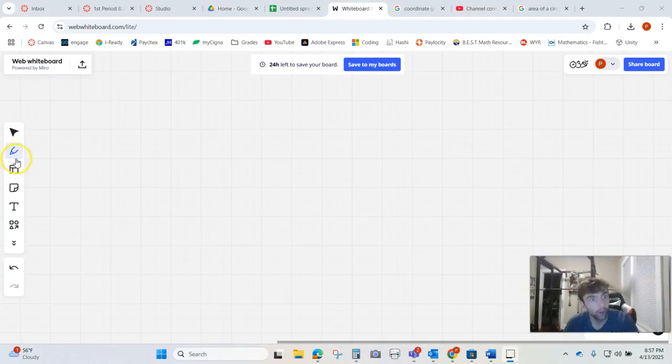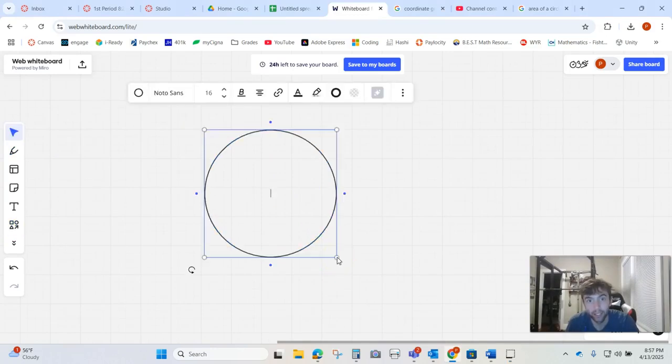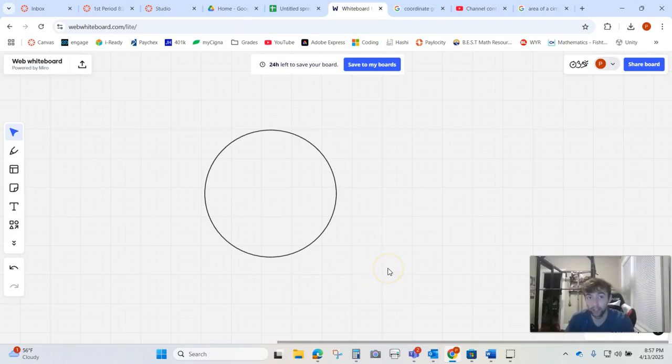For today's math lesson, math activity, we are going to practice how to find the area of a circle. You practiced this week how to find the circumference of a circle. What does circumference mean? What is that vocab word?